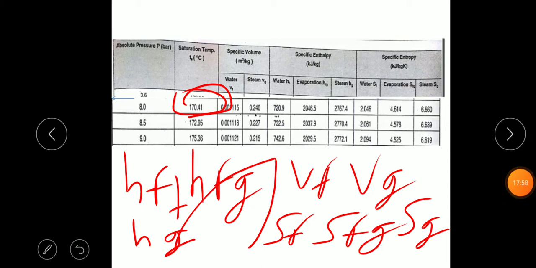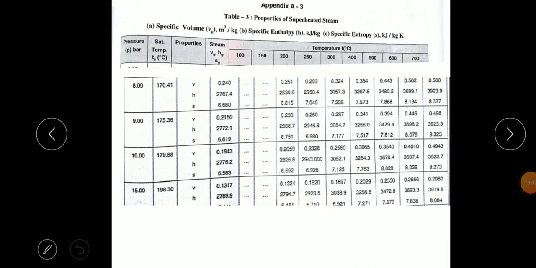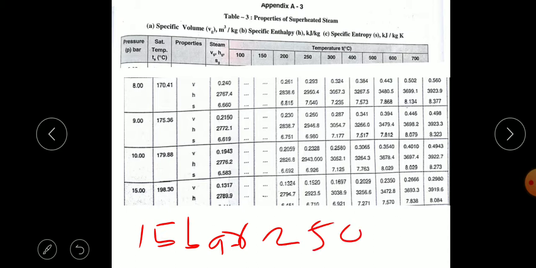So like this we can find the properties. Now suppose the condition of the steam is given as 15 bar and 250 degrees centigrade. So we have been given 15 bar pressure of the steam and the temperature is 250.